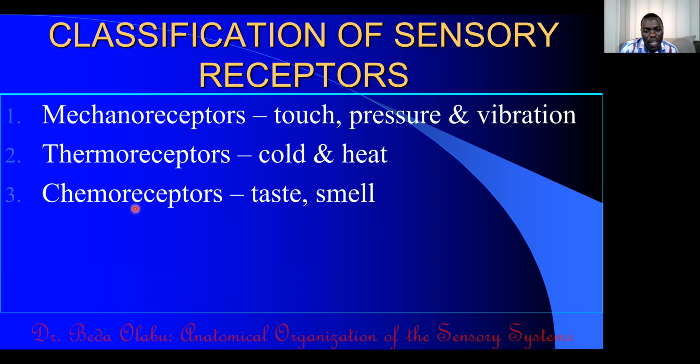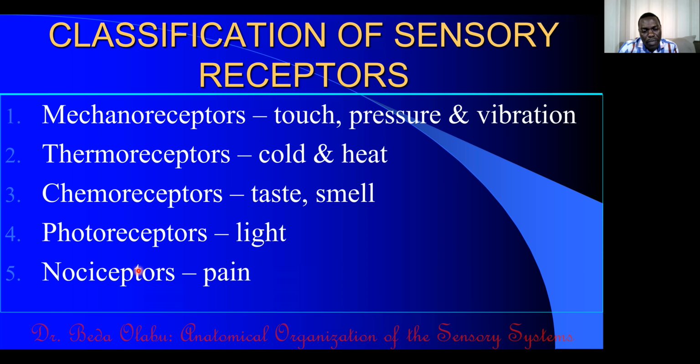We can have chemoreceptors. Chemoreceptors include receptors for taste. You taste chemicals. They also include receptors for smell. You smell chemicals. Osmoreceptors, receptors for oxygen, all those are chemoreceptors. Photoreceptors are receptors for light.